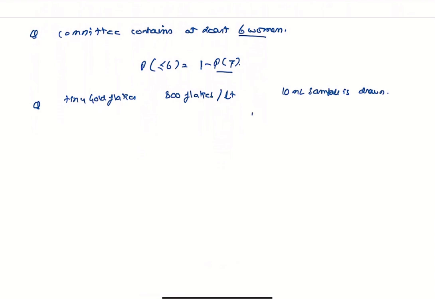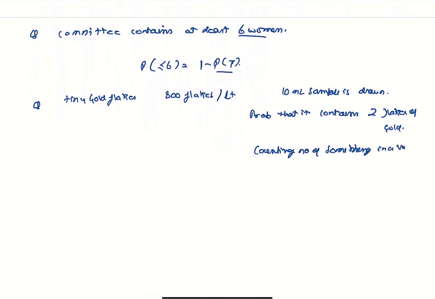Probability that it contains exactly 2 flakes of gold. Here we are counting the number of something in a volume.